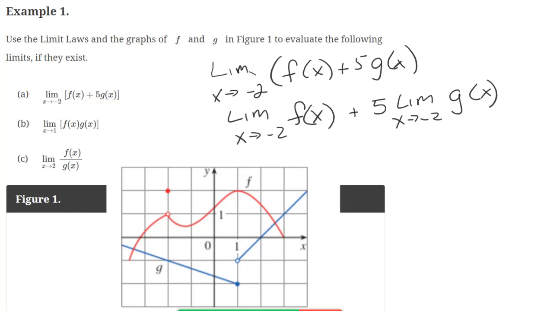So now if we look at it, f of x is the red one. So as it goes to negative 2, it's going to 1. So that answer would be 1 plus 5 times, and then the g of x is going to be negative 1. So 1 plus negative 5 is negative 4. So that limit right there is just going to be negative 4.